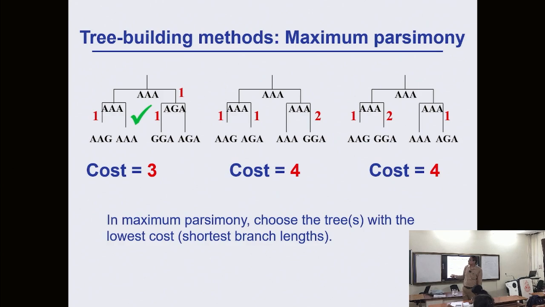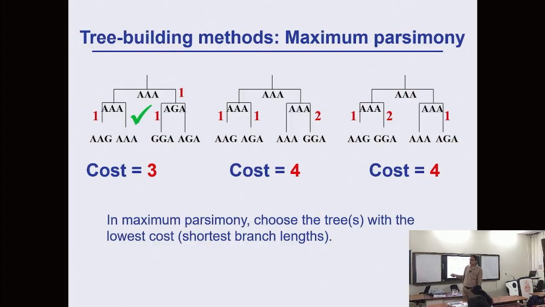Here are 3 topologies shown for them. AAG is next to AAA, and the inferred common ancestor is AAA, and GGA is placed next to AGA, the inferred common ancestor is AGA, and the last common ancestor that was inferred is AAA.